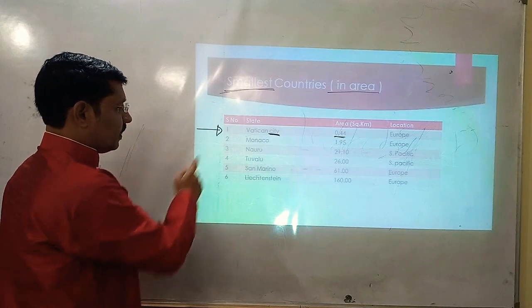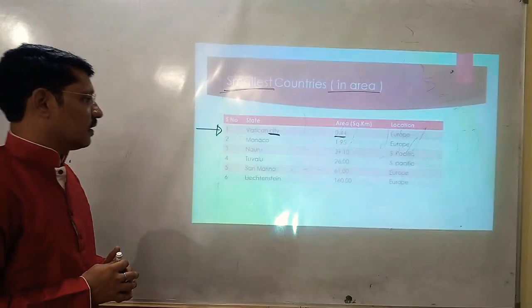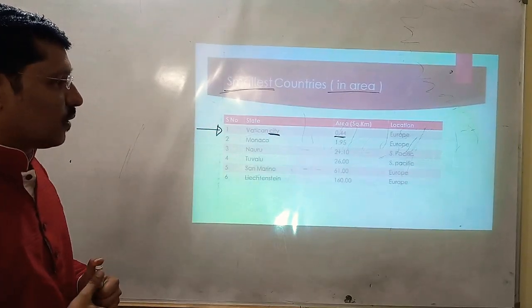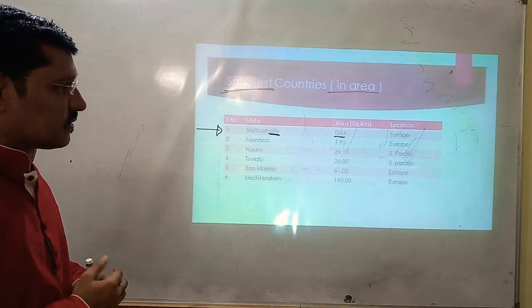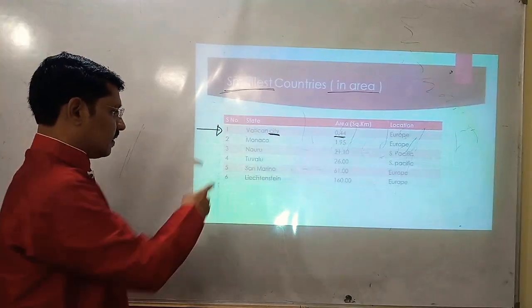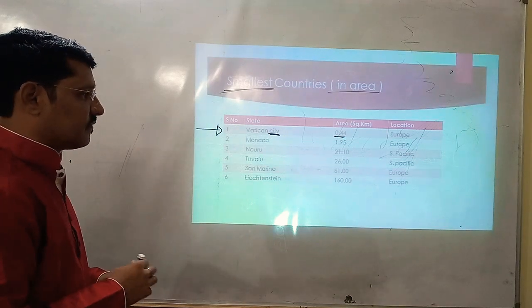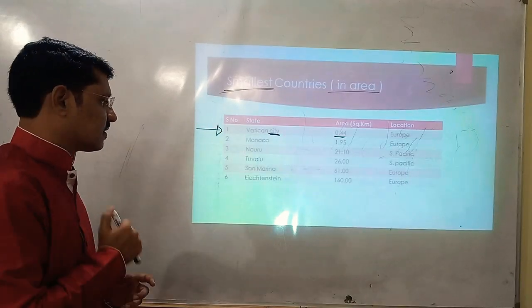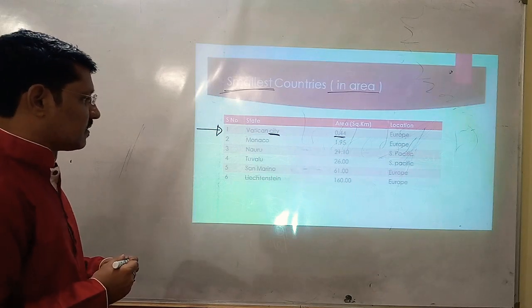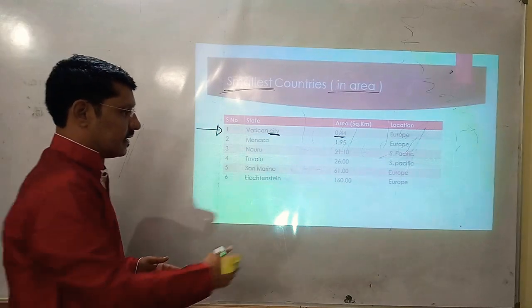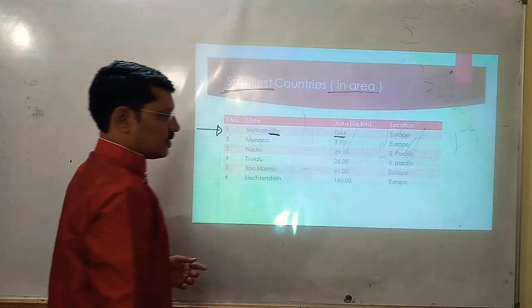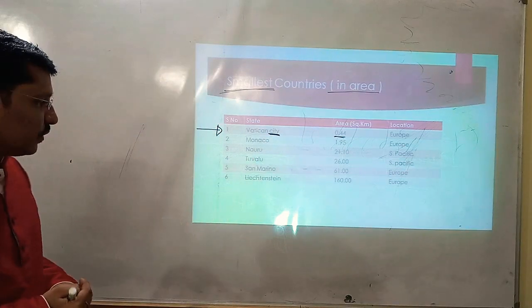Then the third one is Nauru, that is 21.10, which comes in South Pacific. Then Tuvalu, which comes in South Pacific, with area size 26. And the fifth one is San Marino, with area 16.00, which comes in Europe only.